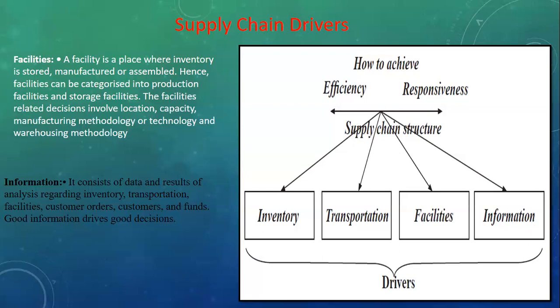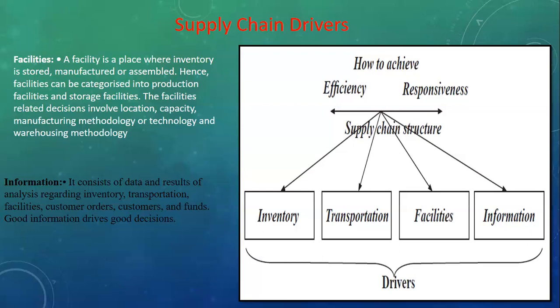The fourth one is information. This is also part of the supply chain drivers. So these are the four: inventory, transportation, facility, and information. It consists of the data and results of analysis regarding inventory, transportation, facility, customer orders, and customer funds. Good information drives good decisions.